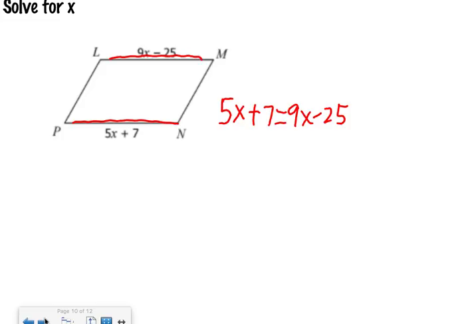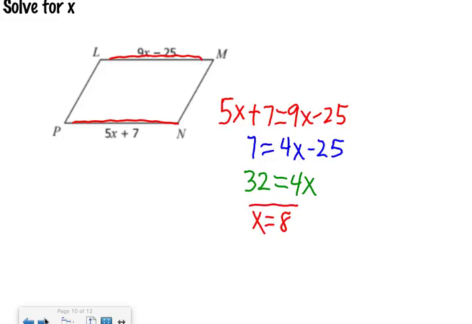All right. So I'm going to bring my x's to the same side, and bring over that 25, so I get 32 is equal to 4x. Divide out, x equals 8.